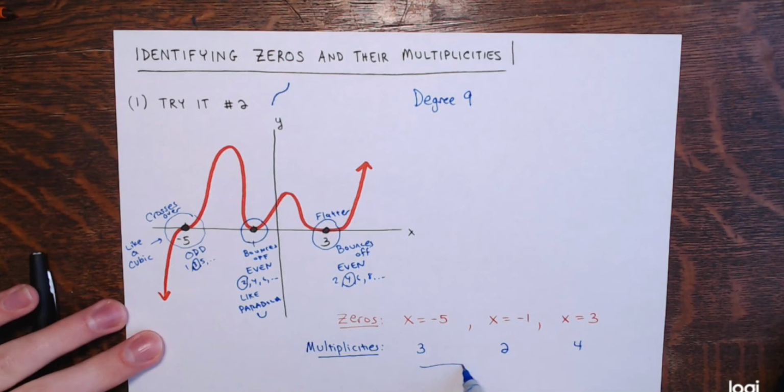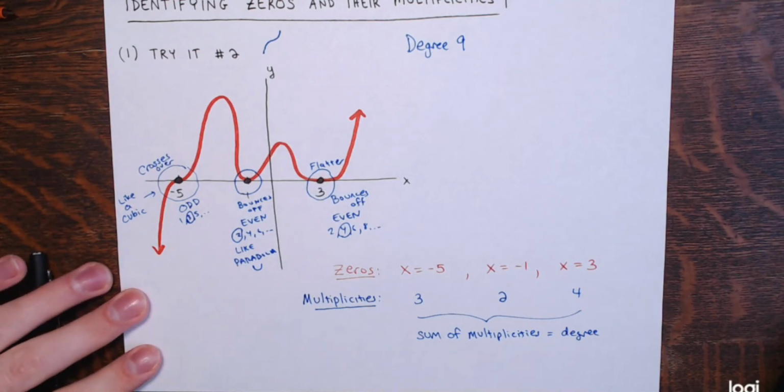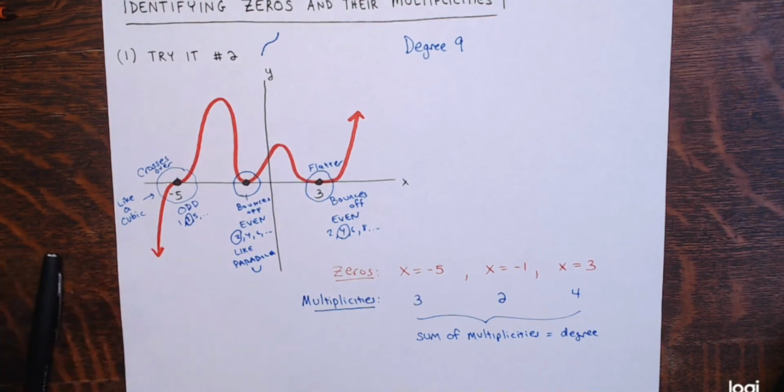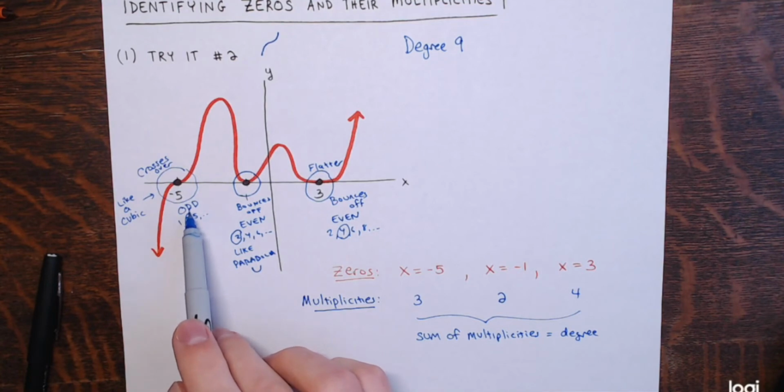So if you look at all these, again, the sum of the multiplicities should be equal to the degree of the polynomial. And this is for all complex zeros, not just the real zeros, as we'll see later. But again, if it crosses over, that 0 should have an odd multiplicity: 1, 3, 5, 7.